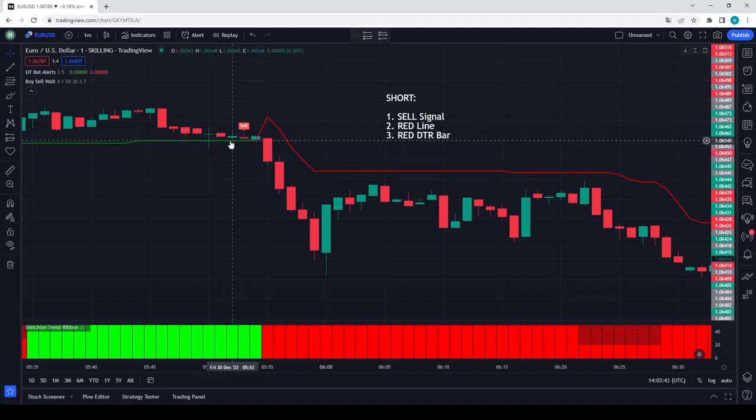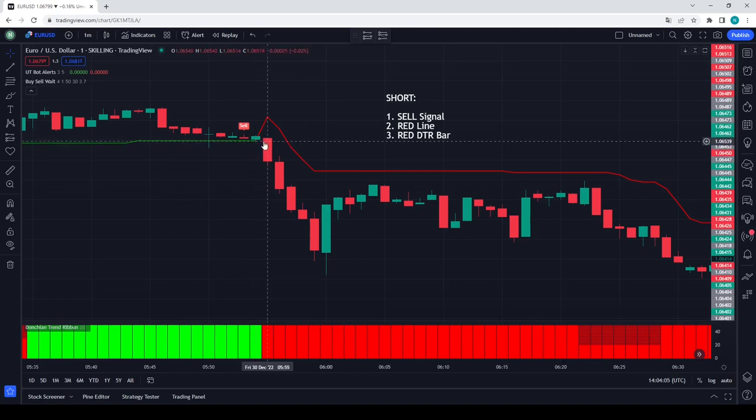So we will wait until the line changes red, which is here, and in the same candle the DTR bar will change from green to red. So this is our first candle which has all three conditions valid.